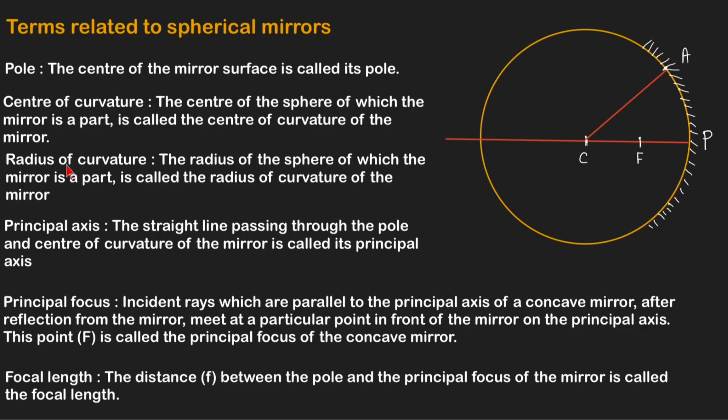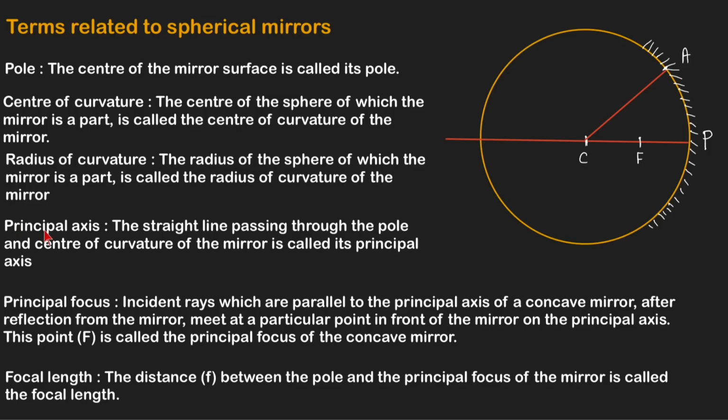Now the next point is the radius of curvature. The radius of the sphere of which the mirror is a part is called the radius of curvature of the mirror. This spherical mirror is a part of this sphere having center C, which we call the center of curvature. From this we can draw a radius, and that radius is the radius of curvature of that sphere. Here CP and CA are the radii of curvature.